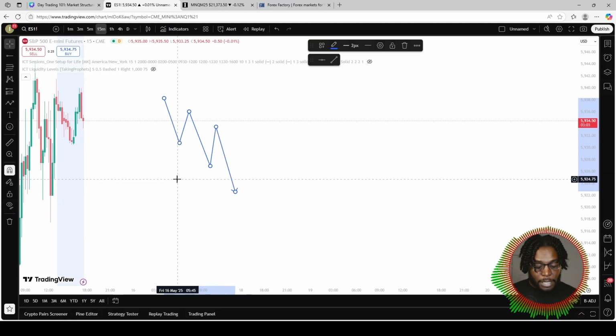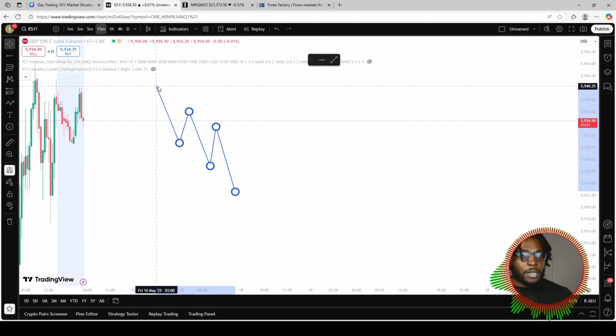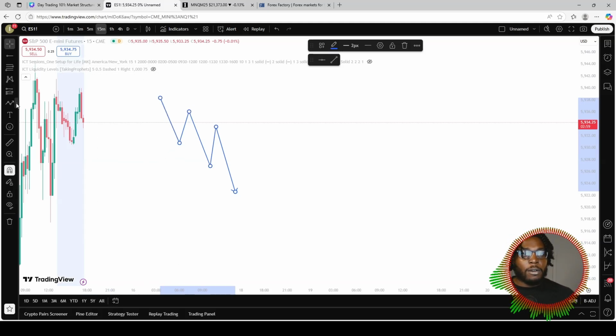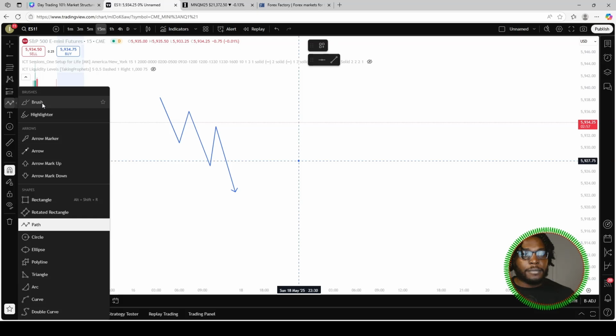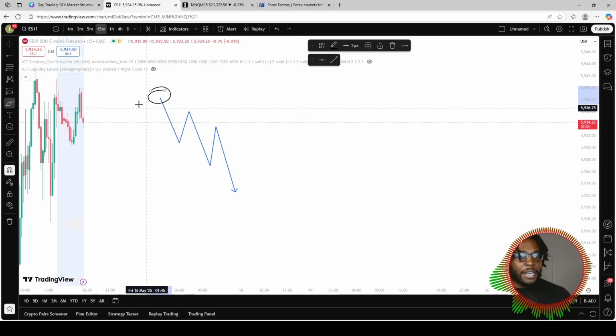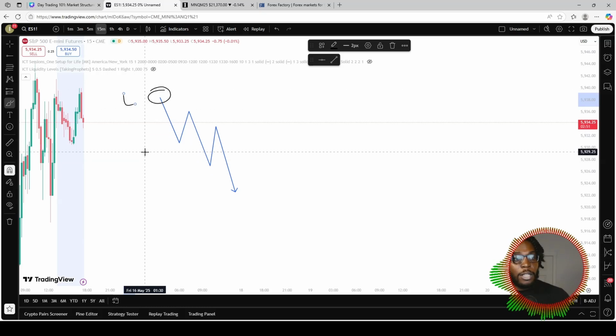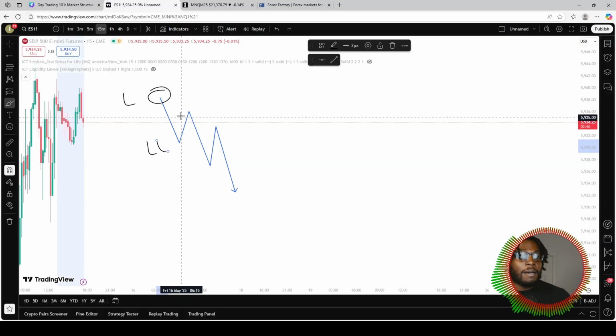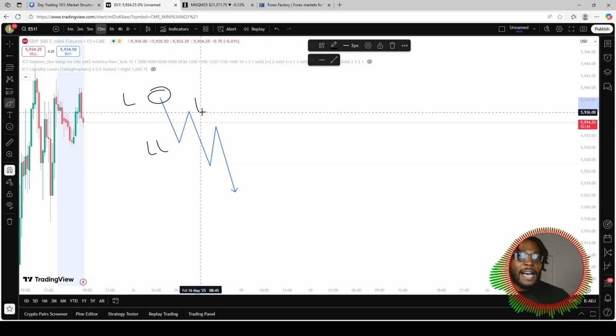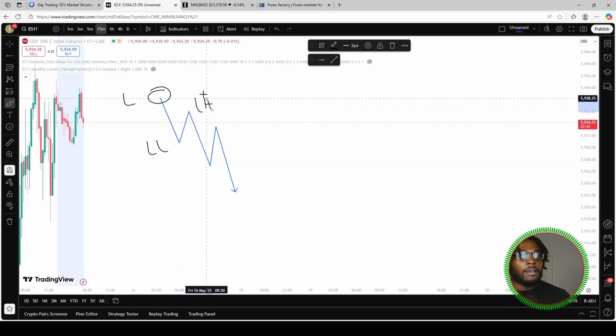Like I explained before, we had our low initially right here. So we had our regular low, and then we created a lower low, right? And then we come up and create a lower high, right? That's what this is.